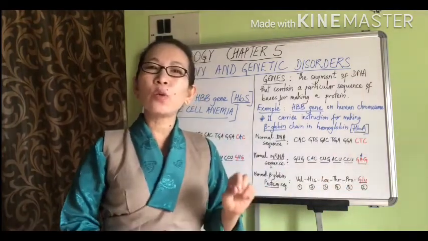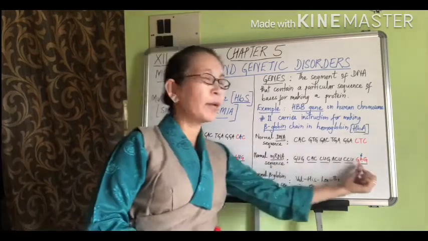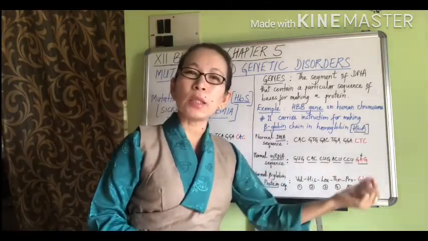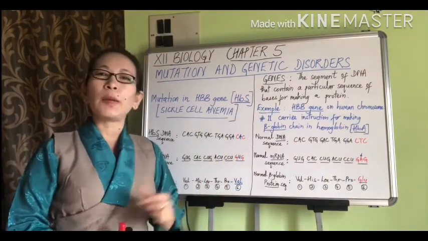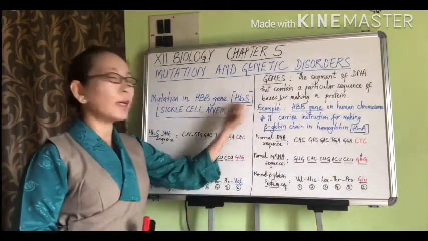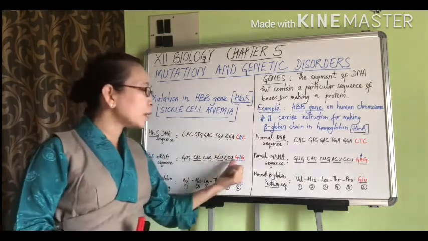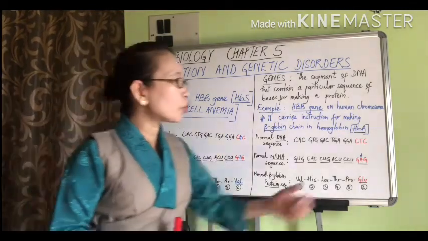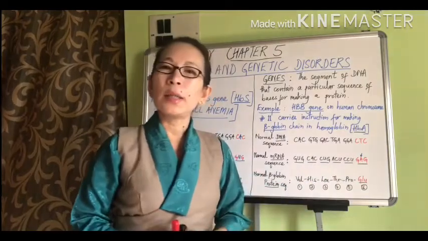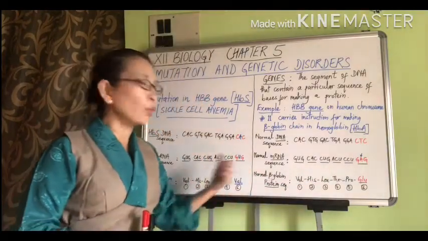So the sixth codon in the normal mRNA was GAG, but the sixth codon in the affected or mutated mRNA of HBS is GUG. So we have the substitution of A in the sixth codon by U.